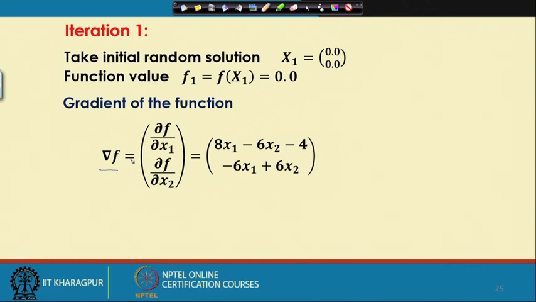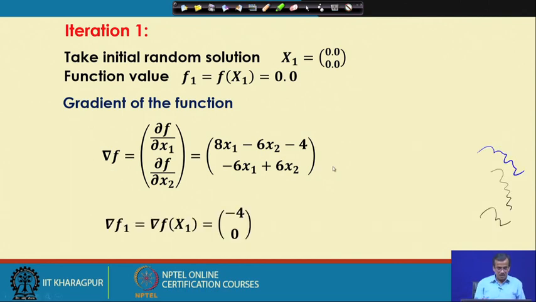So, del f del x1 will become 8 x1 minus 6 x2 minus 4, and the partial derivative of f with respect to x2 is minus 6 x1 plus 6 x2. So, this is the gradient of this particular objective function.